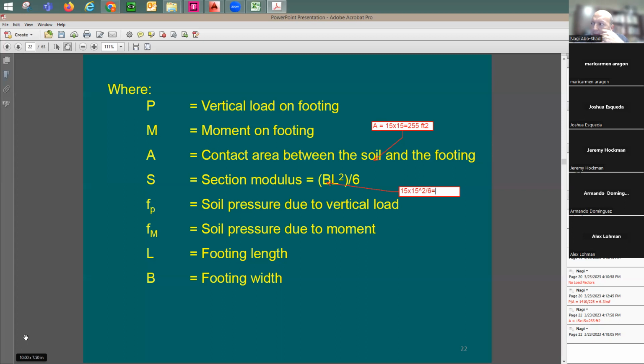Yeah, let me get my calculator. 15 squared divided by 6. 37.5.